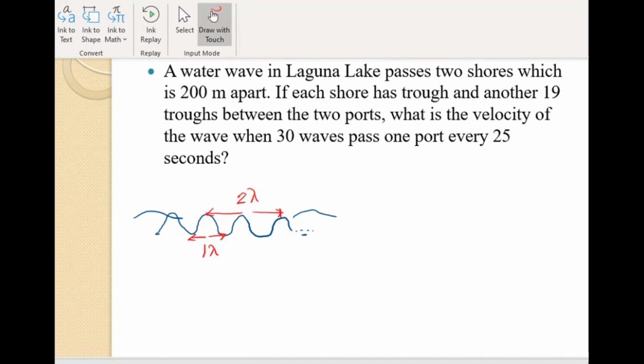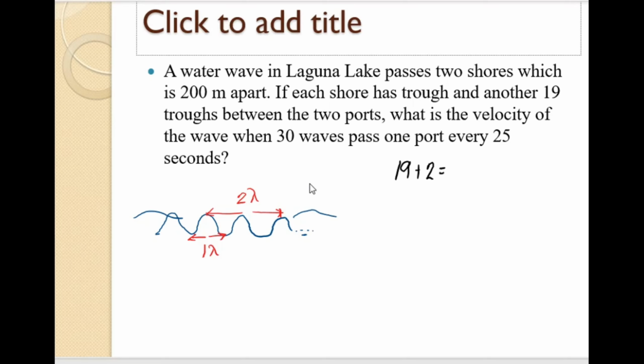So in our problem, we have 1 trough per shore. Then meron pang 19 troughs between the ports. So we have a total of 19 plus 2, we have 21 troughs.